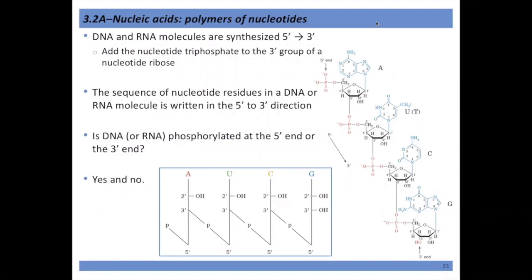So this little scheme down here, what this is saying is we've got a phosphate at the 5' position. It's connected to the 3', and then this is representing the sugar out there. And then from the 3' position, we're going to another 5' position.